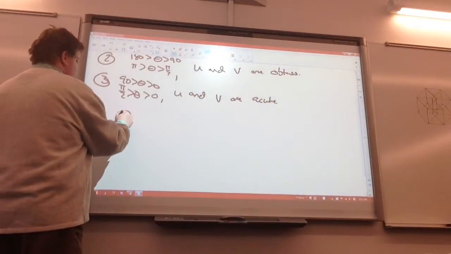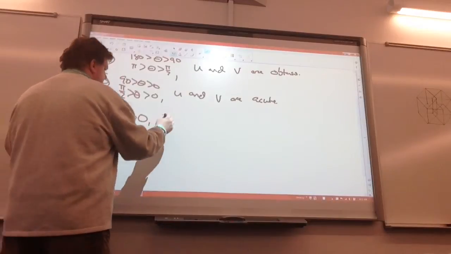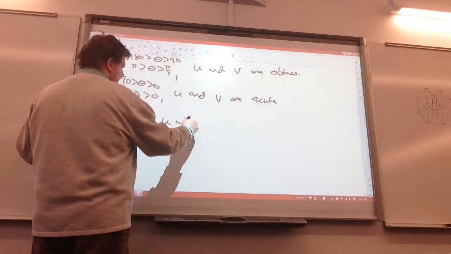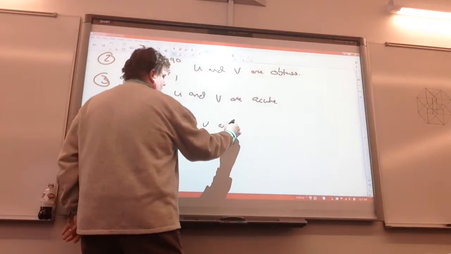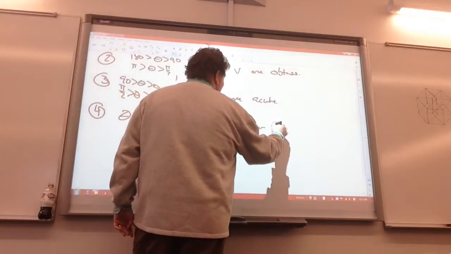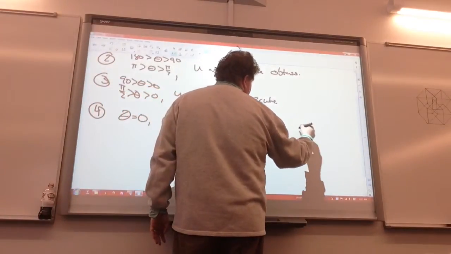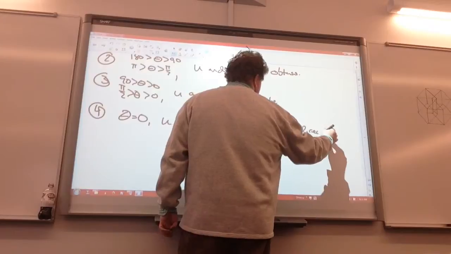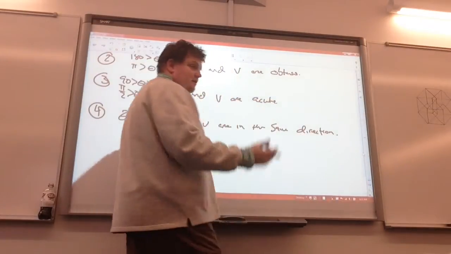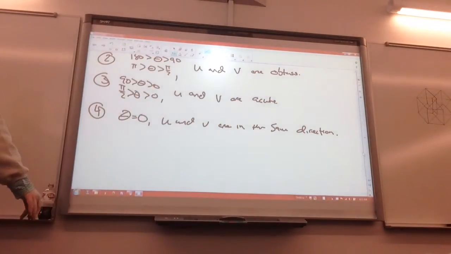If theta is equal to 0, u and v are in the same direction. Right? They'd overlap one another. Alright, and here's the last one.